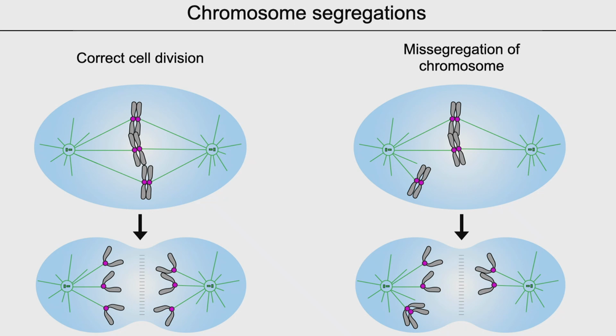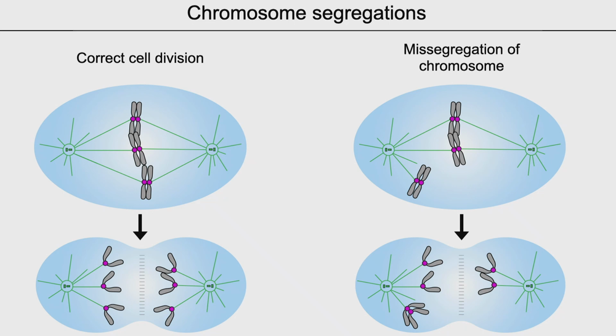On the other hand, sometimes missegregation takes place, and daughter cells are ending with an unequal number of chromosomes, and in this case, these cells are not happy anymore, they are not healthy, and this type of process occurs in different bad situations like miscarriages, tumor tissues, and in other diseases.